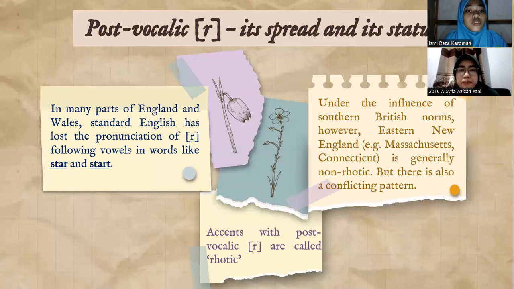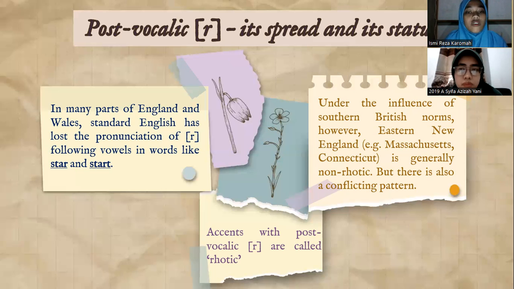The loss of post-vocalic R seems to have begun in the 17th century in the southeast of England, and it is still in progress since there are areas such as the southwest of England where R is still regularly pronounced. Accents with post-vocalic R are called rhotic.